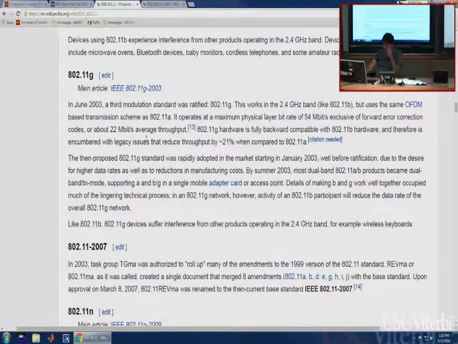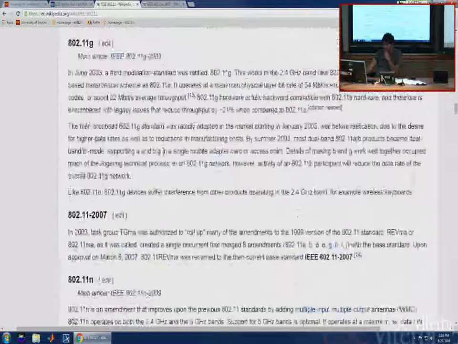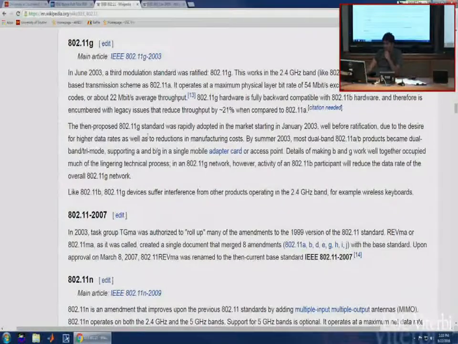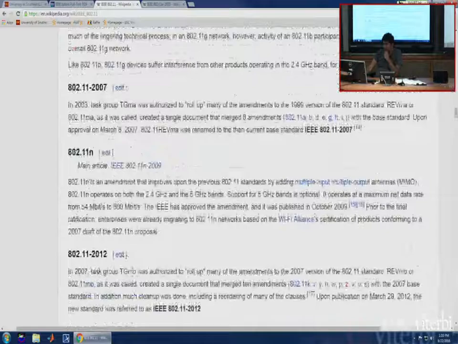This is 802.11g, which for a while you sort of had A/G or B/G cards.